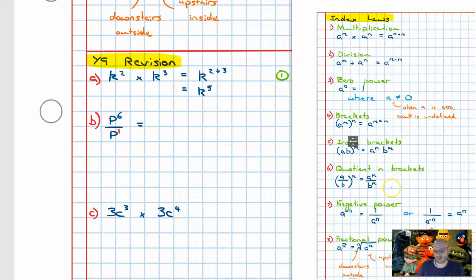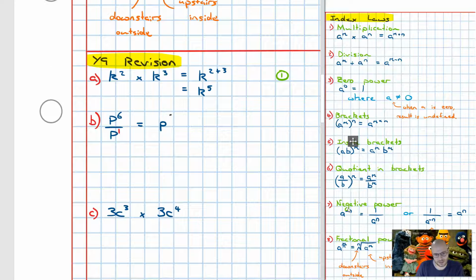The second way we can look at it, which is my favorite way, is to use rule 7, which is the negative power. So you've got a to the negative n is equal to 1 over a to the n. Or another way to think about it is that you've got a to the n under a 1 and you move it to the left. So we're going to go from right to left here. So to break this up, we're going to go p to the 6 multiplied by 1 over p to the 1.